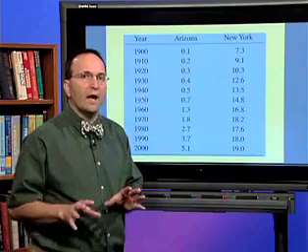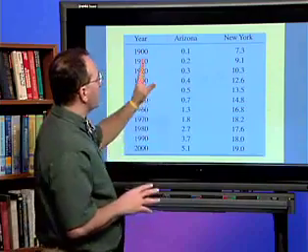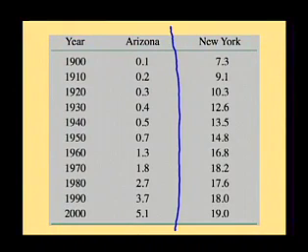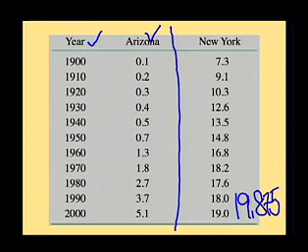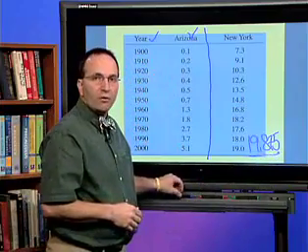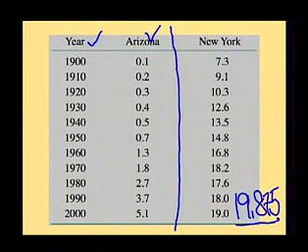This is the data that you'd want to enter into your grapher, and you don't have to do New York. I've already done that for you. So you're only interested in entering those two lists. And again, what you're interested in is comparing your answer for Arizona with the 19.875 million for New York. So pause the video while you work on this problem, and when you're finished, restart the video to check your solution.